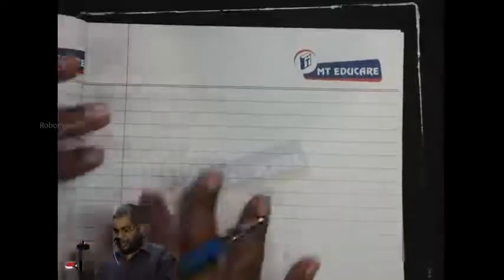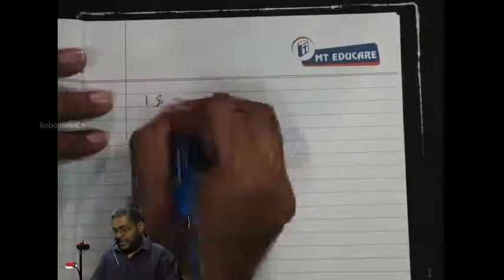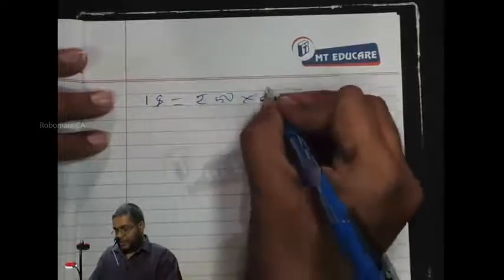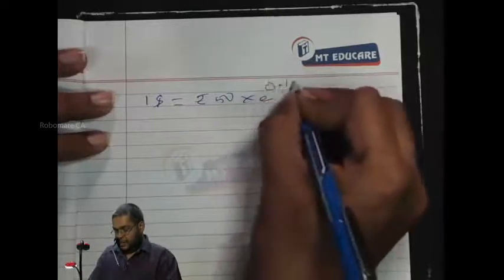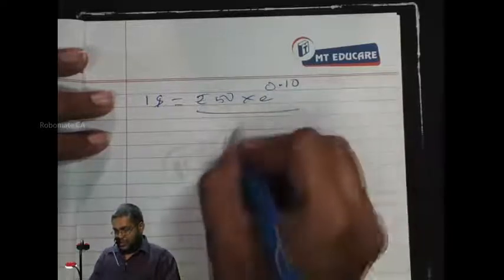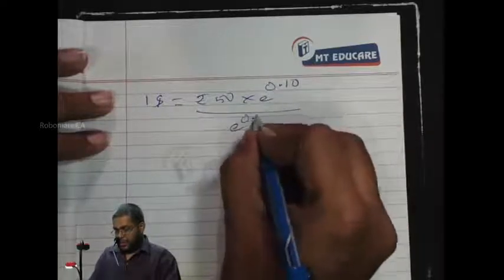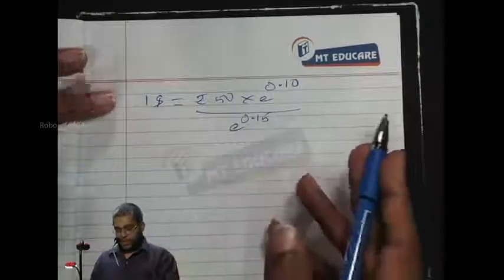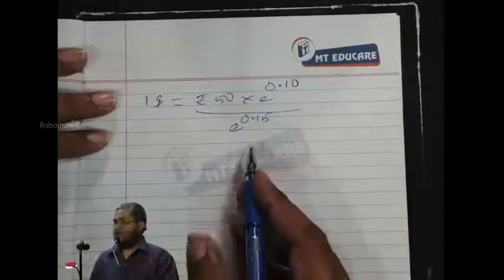We'll simplify it. $1 is equal to 50 rupees into e power 0.10 divided by e power 0.15. Yes or no? Can I proceed?